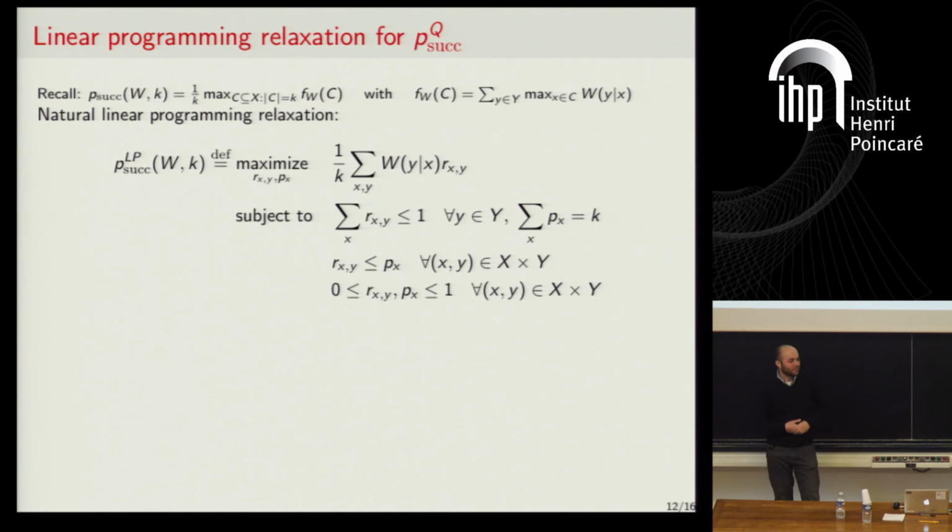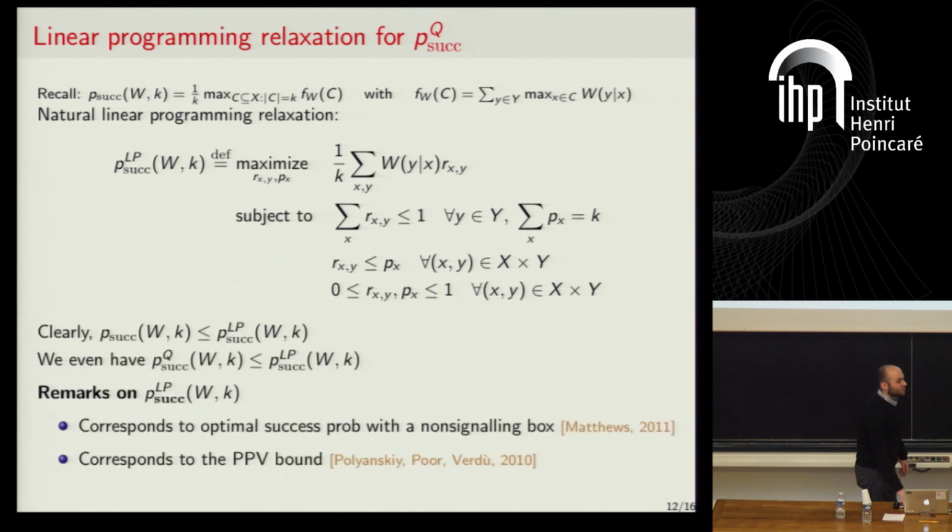In FW you have this maximum over x in C, which you can replace by a linear version: you replace it by this variable Rxy, which is bounded by Px. You can think of Px as the fractional version of the code. These Px's are the probability of having x in the code, so they should sum to k. And that gives you a natural LP relaxation.